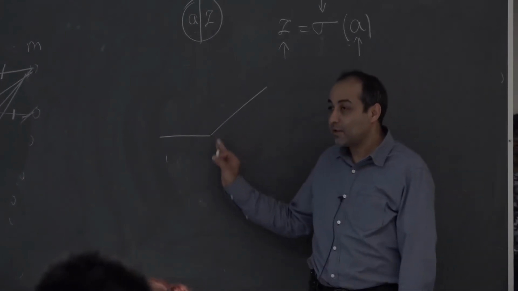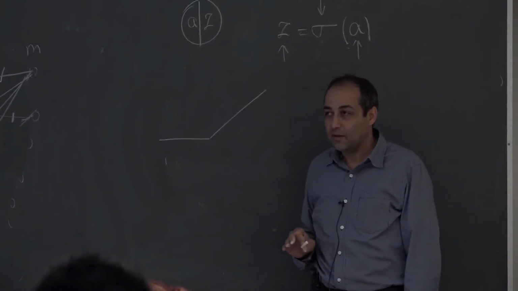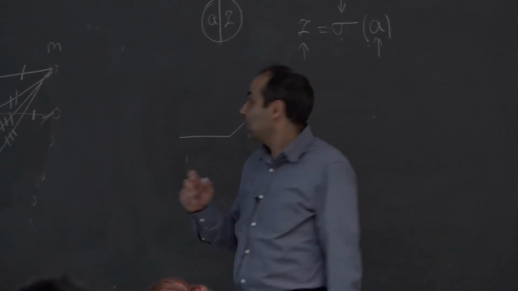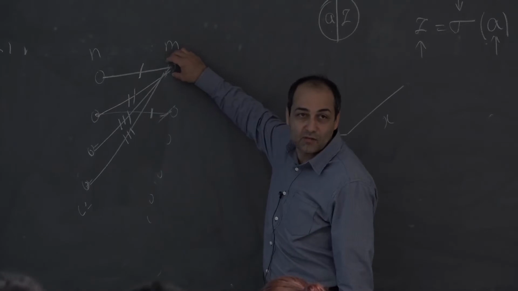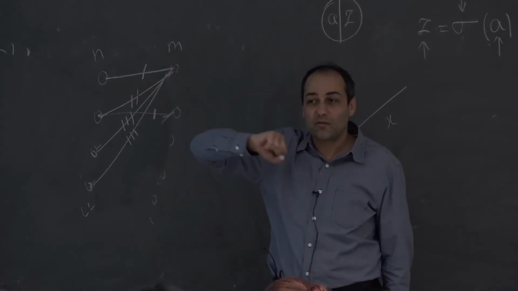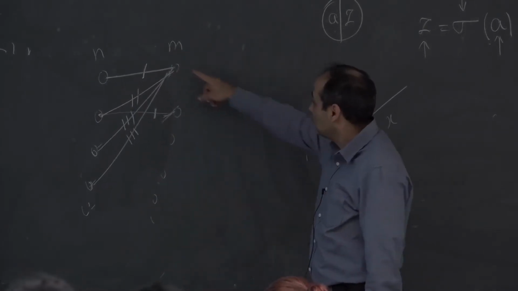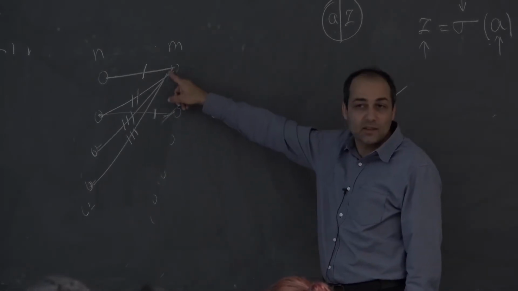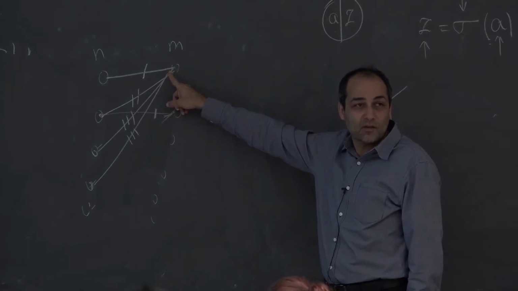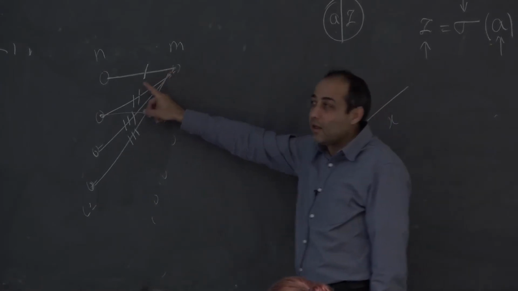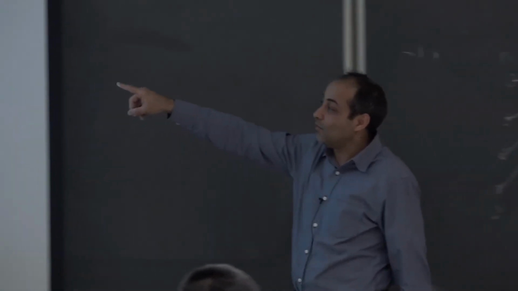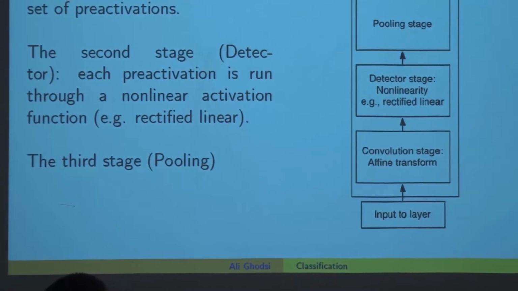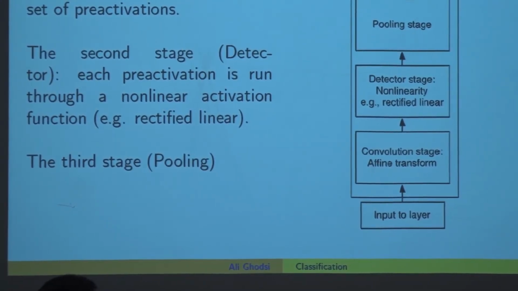So up to a threshold, it is 0. After threshold, it's x. So basically, this is pre-activation value, which is weighted sum of some values. Up to a threshold, the output would be 0. After that threshold, the output would be exactly the same as the value that you have here. It is very common in recent literature of neural network for many different reasons.